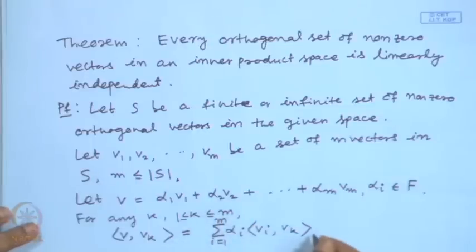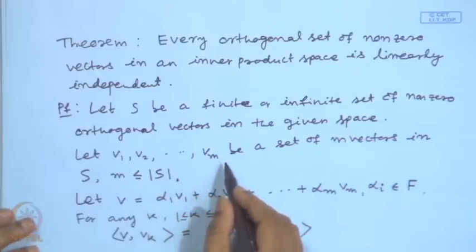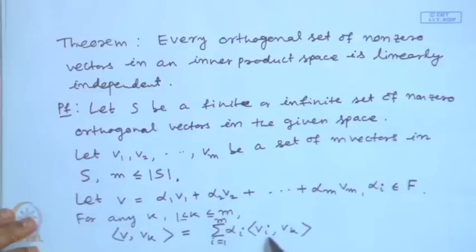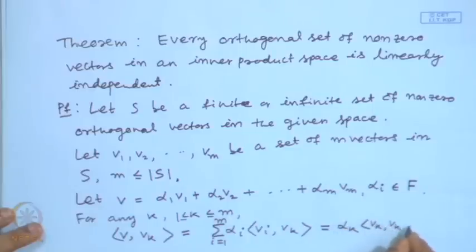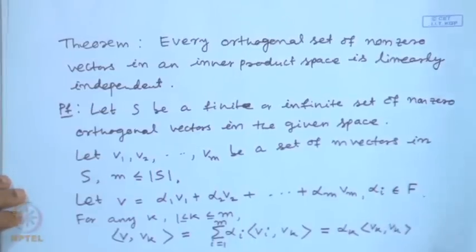And since v1, v2 to vm are orthogonal vectors, for i not equal to k, this inner product is equal to 0. So, therefore, we get this is equal to alpha k times the inner product of vk with itself. This follows from orthogonality of the vectors v1, v2 to vm.